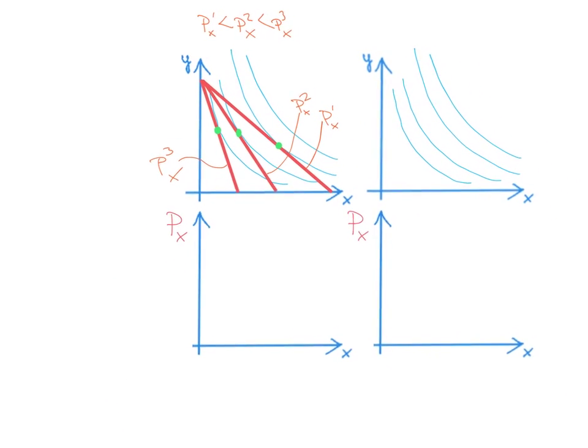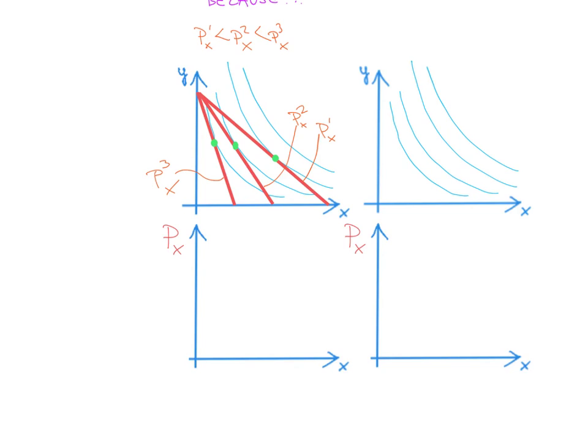Okay, that's true. So let's do this. The picture right below this also has X on the horizontal axis. It has the same scale, same X on the horizontal axis. But on the vertical axis, I'm just going to put price of X. And here's what I'll do. I'll take this first price, P1.